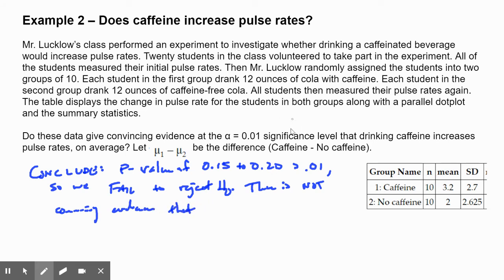And now again, I like to interpret the alternative, which was mu1 greater than mu2.